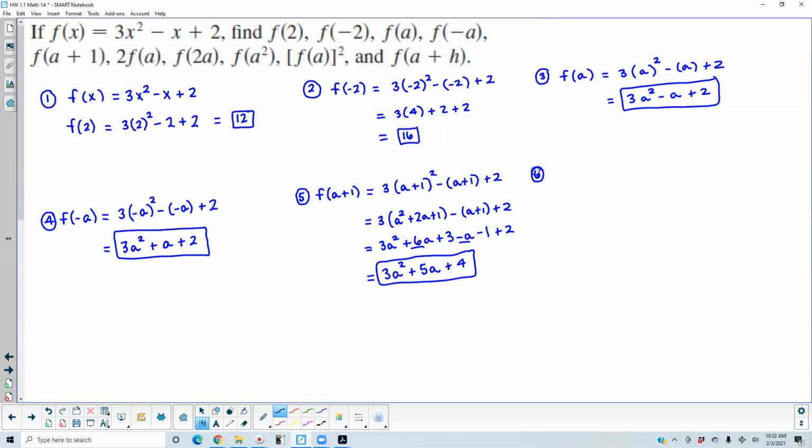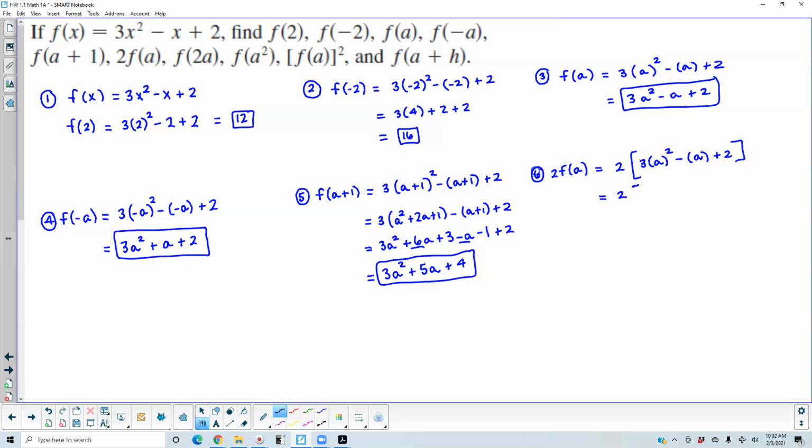Okay, number 6, we have 2 times f of a. So that means we're going to take 2 and multiply it by the function of 3 times a squared minus a plus 2.